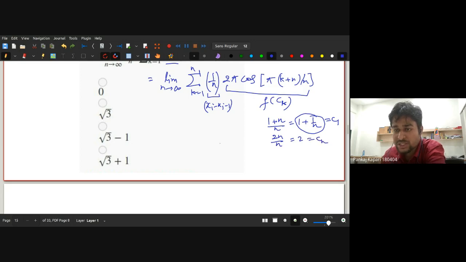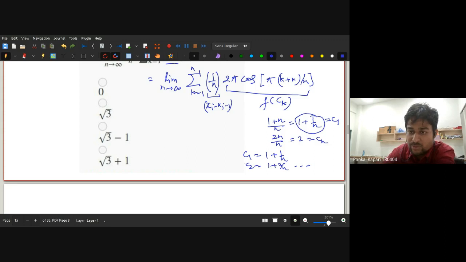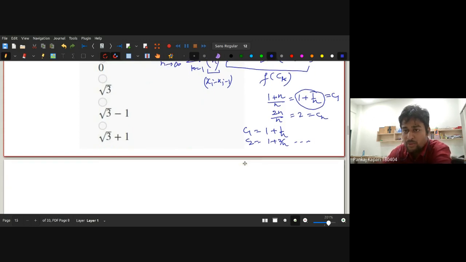That means this must be c_n. So now it shows that our points are like this: c_1 is 1 plus 1 by n, c_2 is 1 plus 2 by n, and like this. That means we must be dividing the interval 1 comma 2, right? Because the first point is 1 plus 1 by n, and it ends at 2.